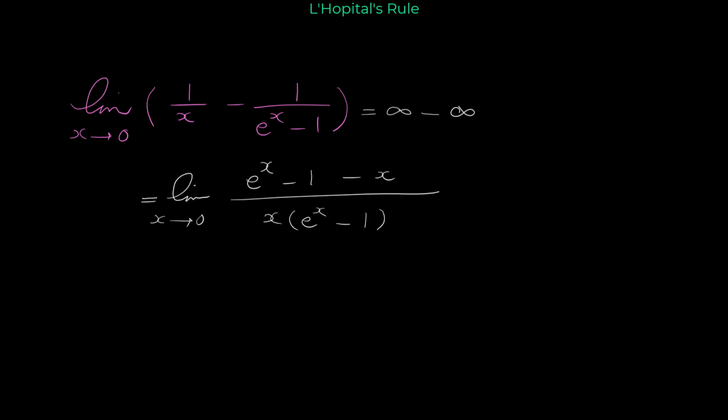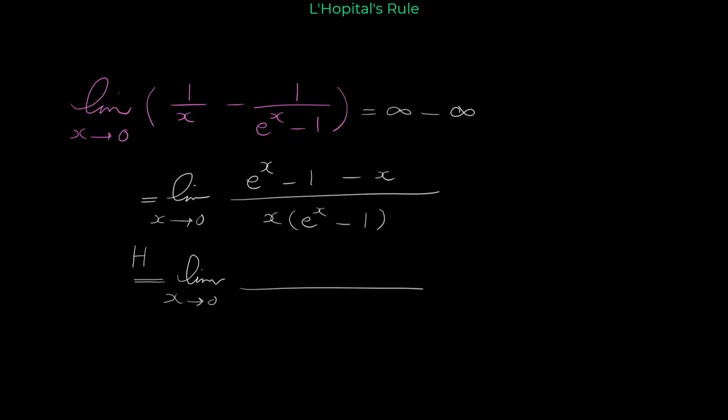Now we have a limit that is in fraction form, and so we can use L'Hopital's rule to find this limit. If you remember, L'Hopital's rule is a powerful rule for finding limits that are in fraction form.